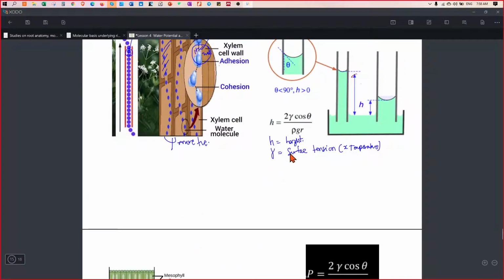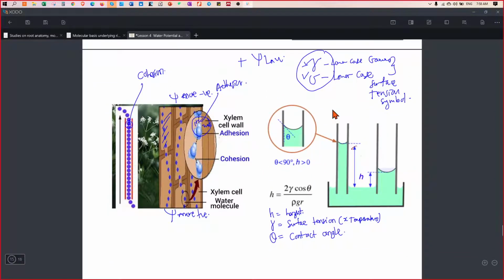Then you have your cos theta. Theta is actually your contact angle. What is the contact angle? This is what I want to show you. Imagine that this is your xylem, and this is the meniscus of the water.